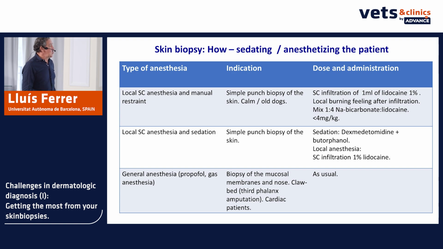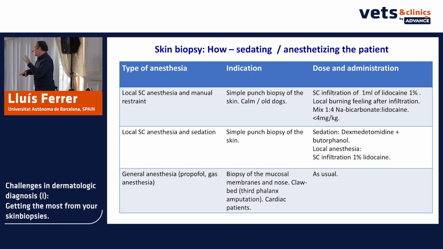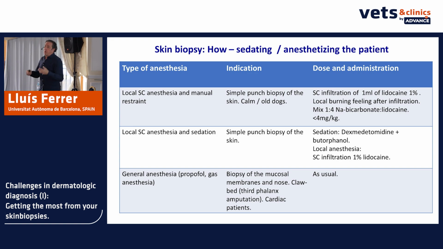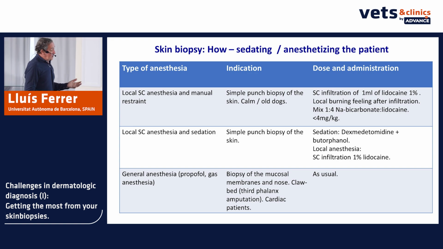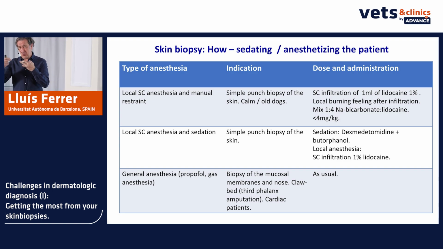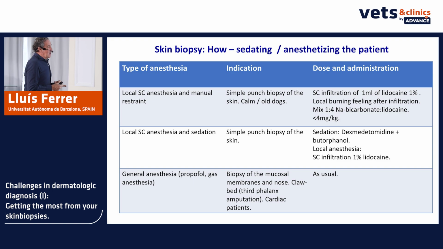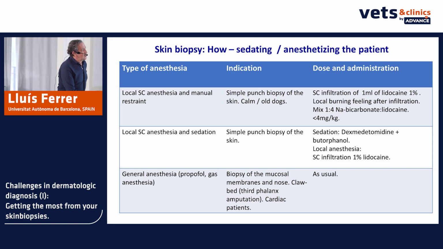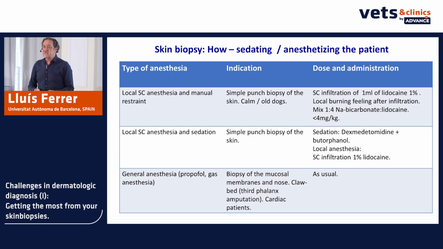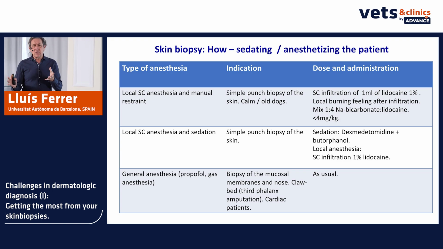For instance, when you are taking a biopsy of mucosal membranes that can bleed a lot and you need more time and better hemostasis or electrocoagulation, or if you are going to take a nail biopsy, we use general anesthesia to get better pain control. Also in some cardiac patients where you know that dexmedetomidine is contraindicated. So in some situations, we'll go for general anesthesia. But in 90% of the cases, local anesthesia and sedation.